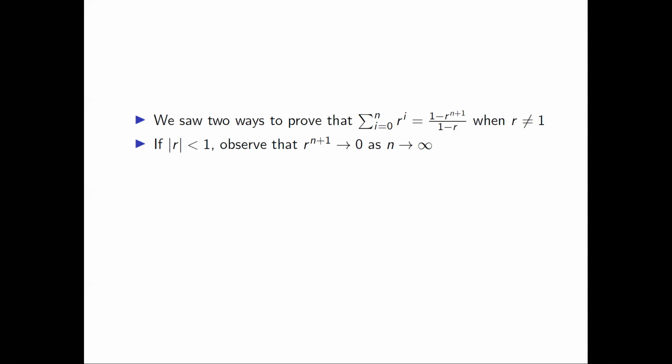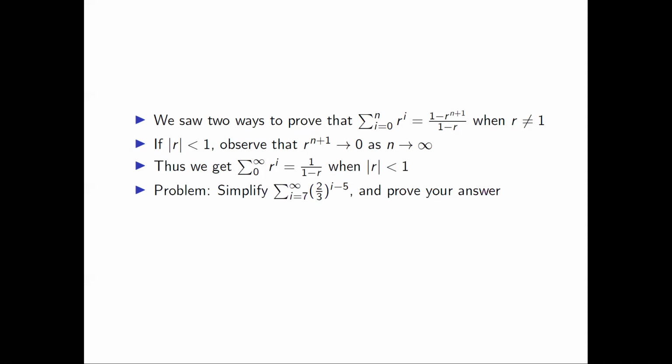In that case, you can observe that the quantity r to the n plus 1, which is the quantity that we're seeing in the numerator, goes to 0 as n goes to infinity. Thus, we can conclude that the sum from i equals 0 to infinity of r to the i is equal to 1 over 1 minus r, as long as the absolute value of r is less than 1.